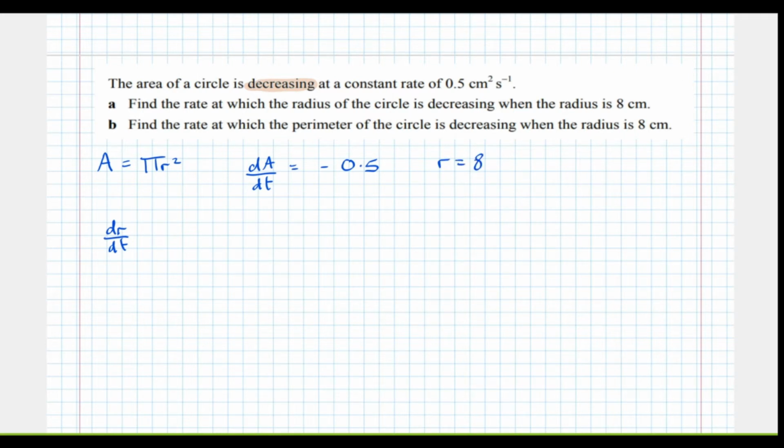All about writing down the information as it appears. So we need to find dr by dt, but we can't do it directly. We need to do it indirectly as the product of two differentials, one with dr on the top, one with dt on the bottom. And what fills the gaps, the bit that cancels, is the variable we haven't yet mentioned, which is area.